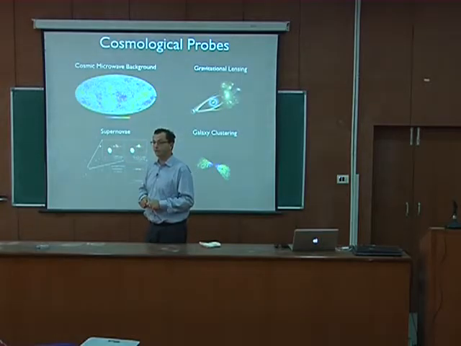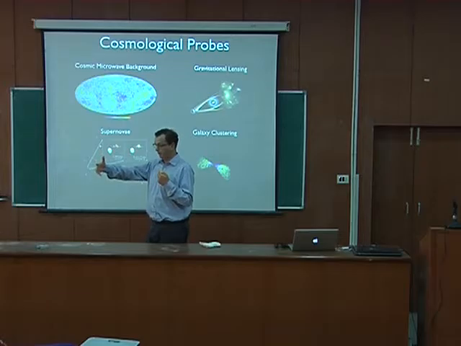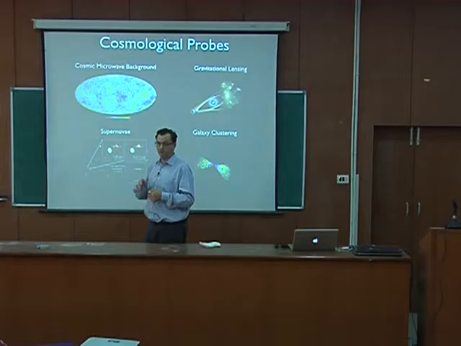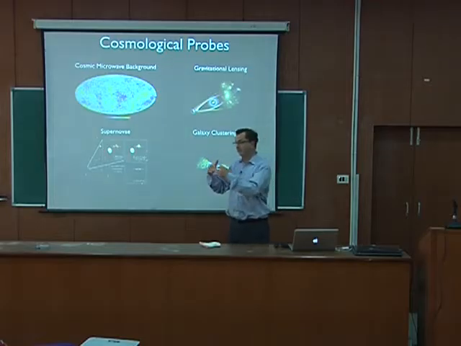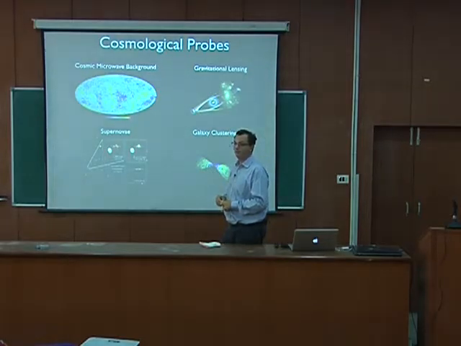For instance, the ISW, integrated Sachs-Wolfe effect, which is the fact that the temperature of the cosmic microwave background gets affected as the photon travels between the last scattering and us, if the gravitational potential evolves as a function of time, which is the case in models where there's dark energy, for instance. And that can also be measured, and it has an impact on the power spectrum of the microwave background.